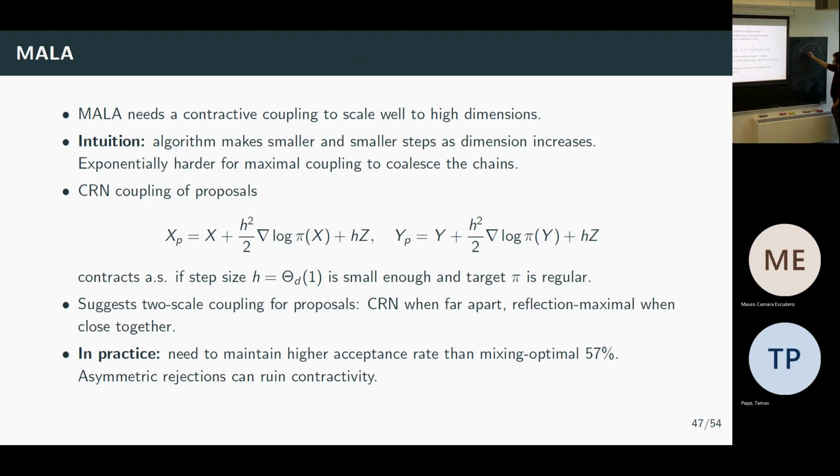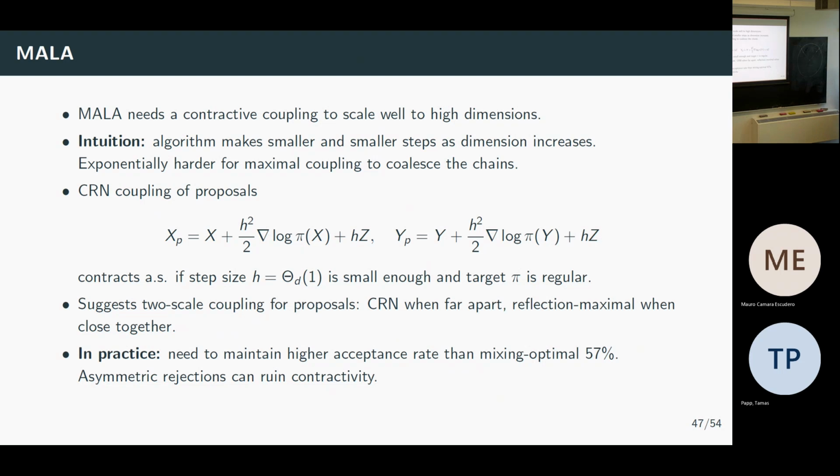But since you use the same noise, the extra z terms point in the same direction. So the contraction you get by this carries through. So you get almost sure contraction.